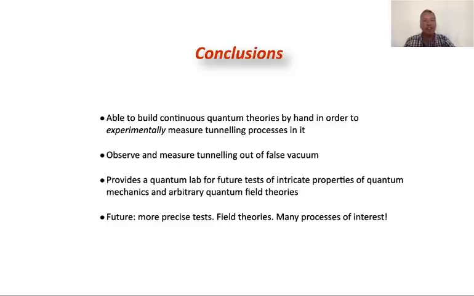As an example, we believe we are observing and measuring tunneling out of false vacua, and it does look to be behaving in the correct way. So it's an interesting quantum lab, we think, for future tests of quantum mechanics and arbitrary quantum field theory.